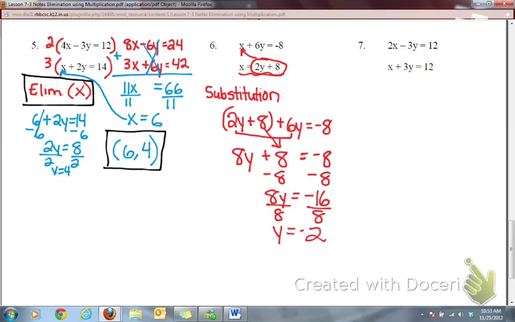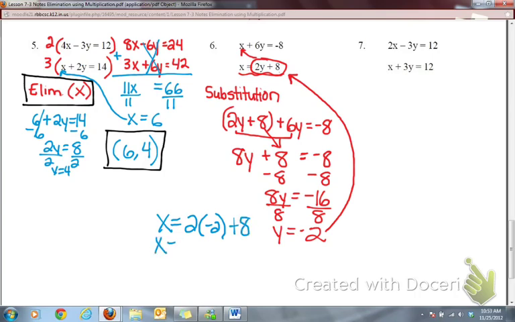I still have to figure out what x equals. Don't ever forget that. You have to know what both x and y are equal to. So I'm going to take that negative 2 and I'm going to put it into the second equation for y because it says x equals 2y plus 8. So x will equal 2 times negative 2 plus 8.